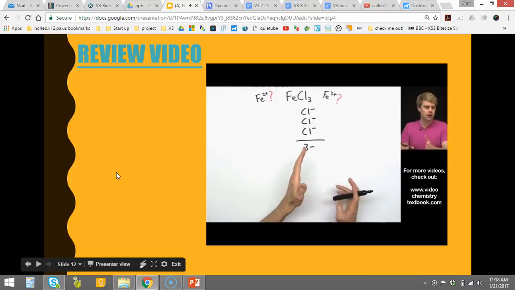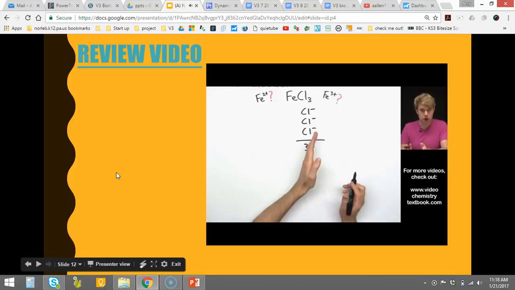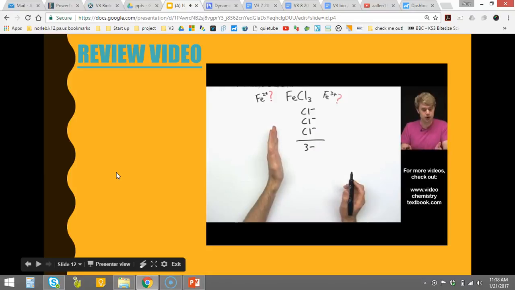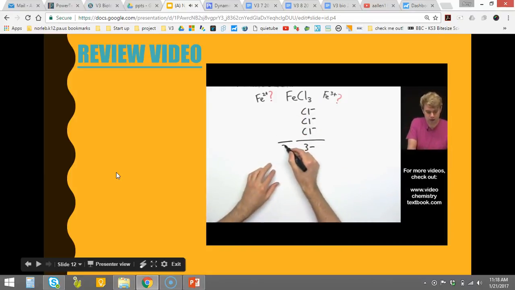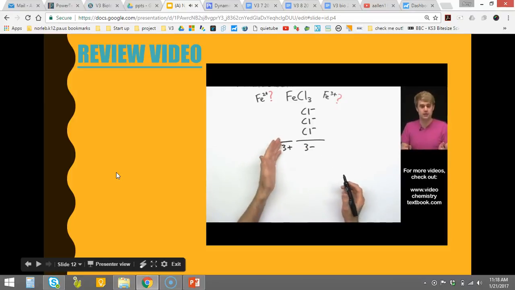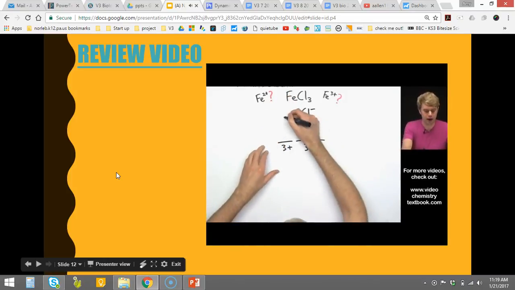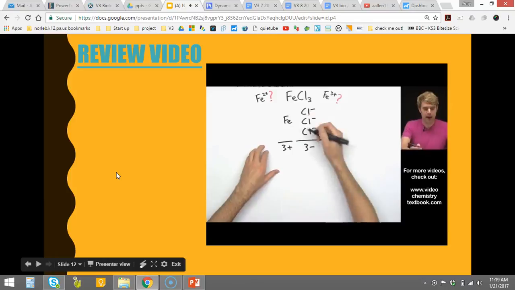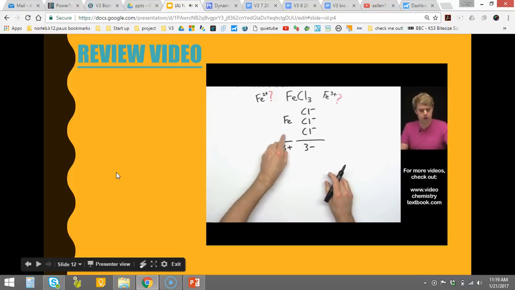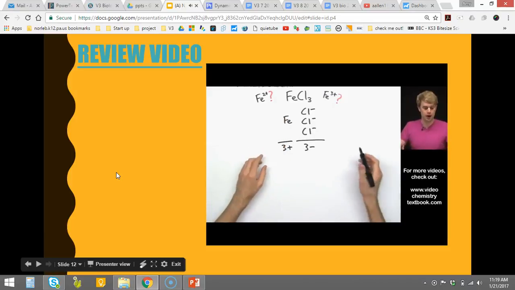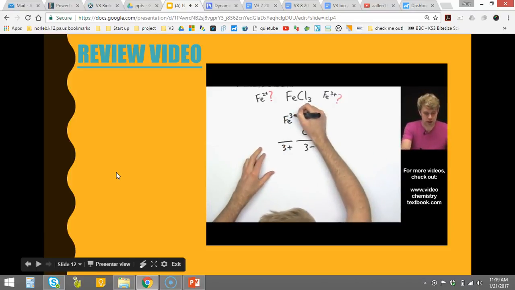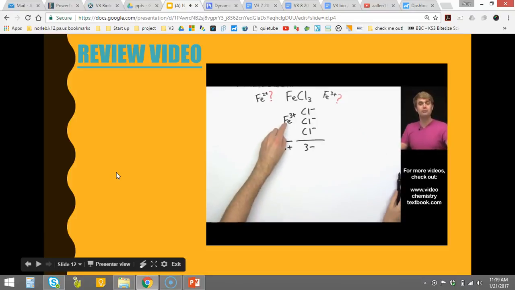Now, in an ionic compound, the negative charge always has to balance out with a positive charge. So if we have 3 minus on this side, we've got to have 3 plus on this side. So what's the charge on iron now? Well, there is 1 iron ion in this compound, which means that all of the positive charge has to be on this one ion, which means that its charge is Fe3+.